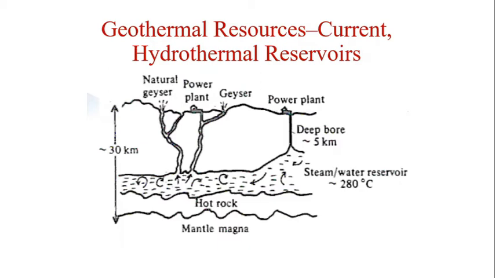On top of the earth's surface, we can see natural geysers as well as the power plant which utilizes the steam coming from the steam or water reservoir, which is at 280 degrees Celsius at 5 kilometer depth. So this steam is being utilized to generate electricity.